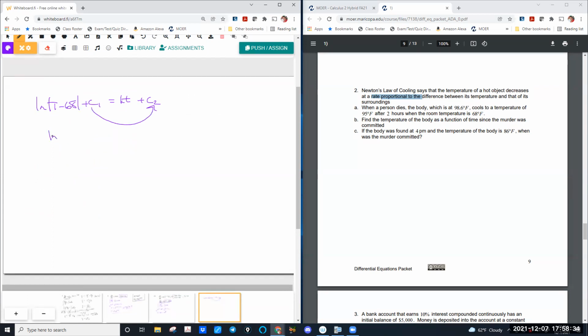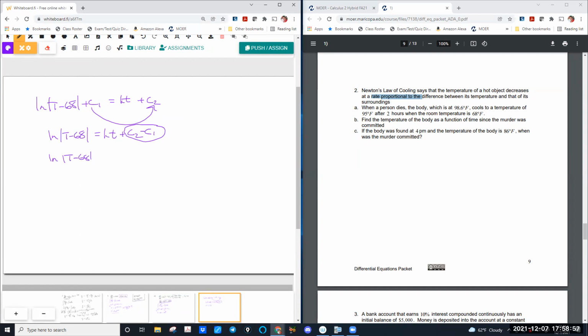So we would have ln of T minus 68 equals kt plus c2 minus c1. But this, we would just absorb into another constant.